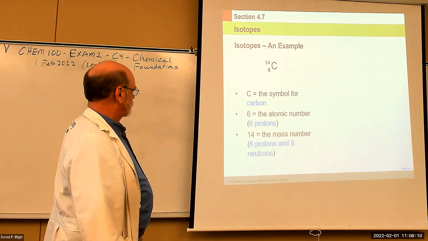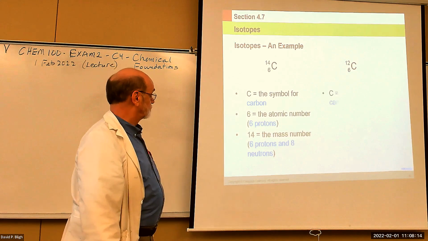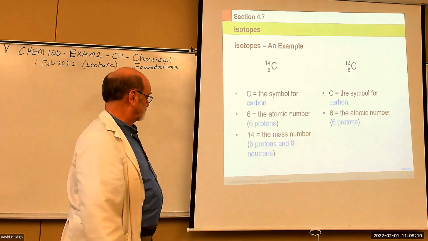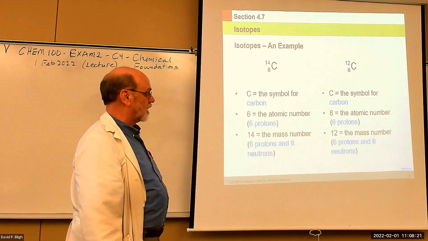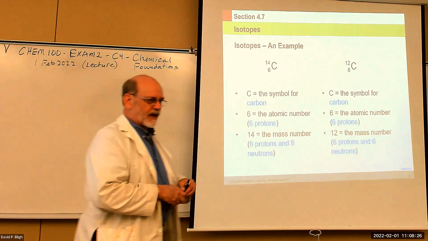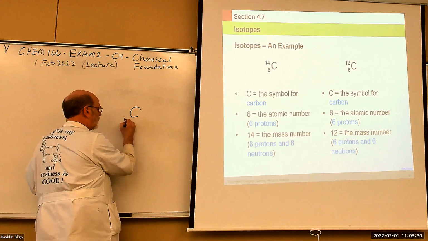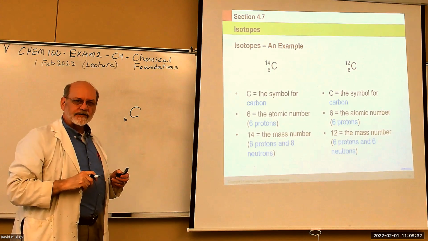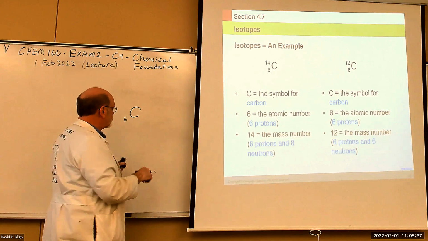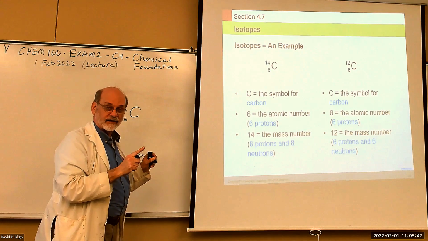Okay, so I showed this one earlier. That's carbon-14. It always has 6 protons but it can have different numbers of neutrons. Notice also that when you form the charge on a carbon, if you take away an electron, now you have only 5 electrons and 6 protons, which means what?